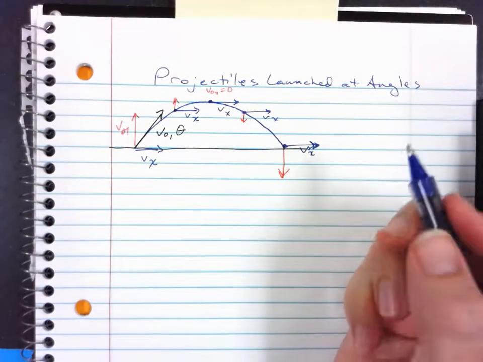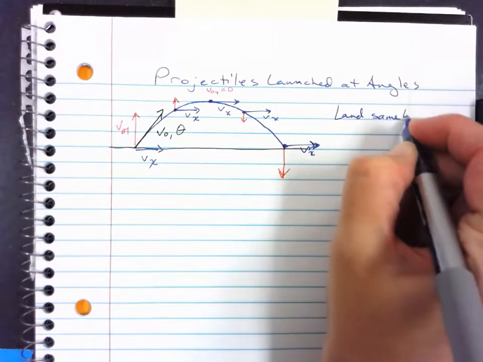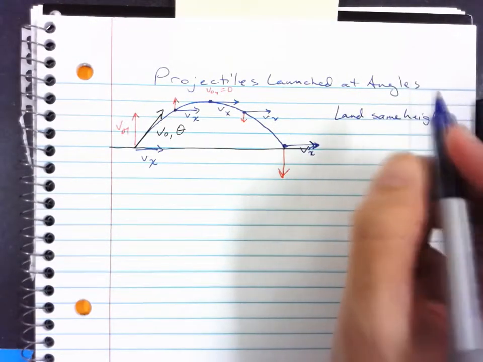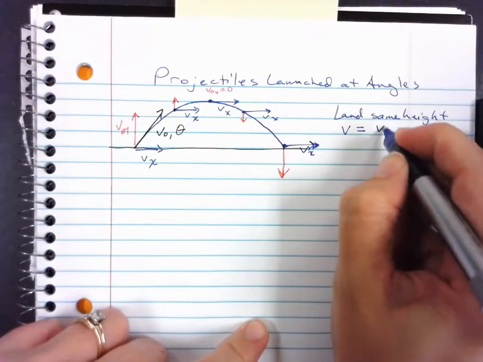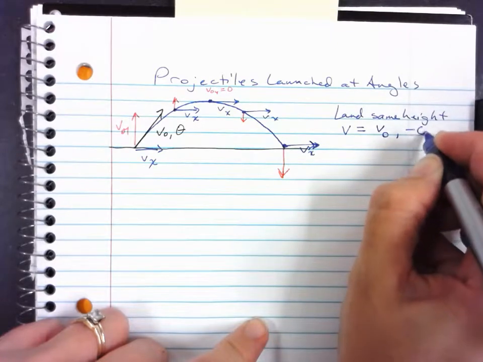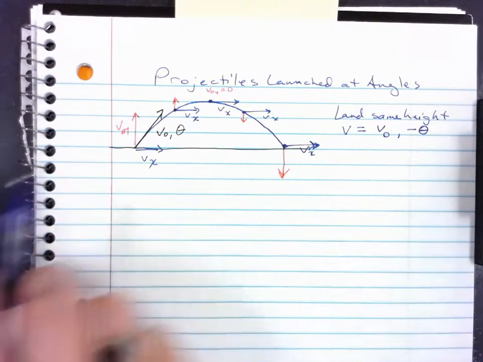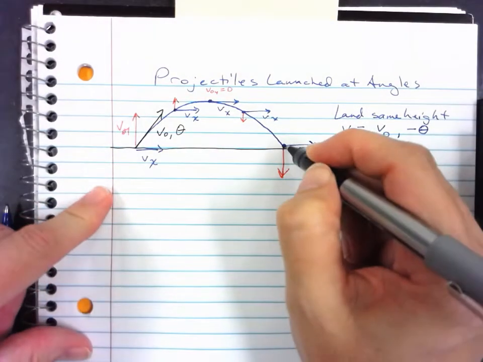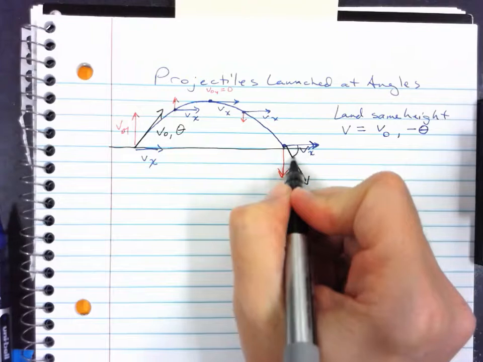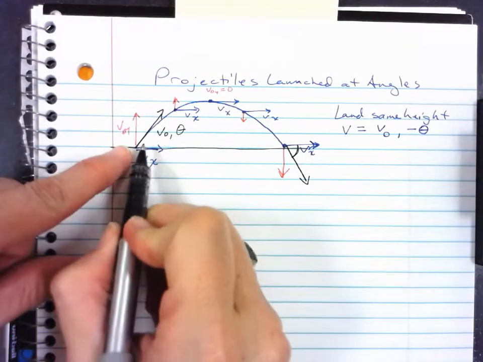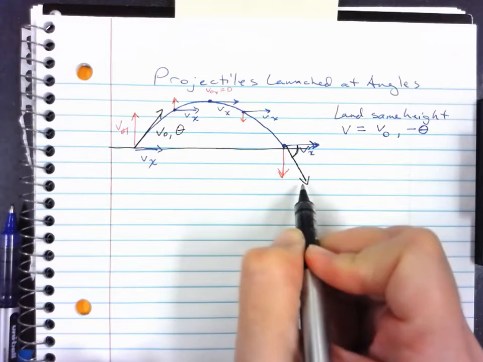So if you land at the same height, the final velocity is equal to the initial velocity, but at the same angle below the horizontal. If I drew that, it would be here, and pretend those match. So if this is 60 degrees, this is negative 60 degrees, but it's the same amount of speed.